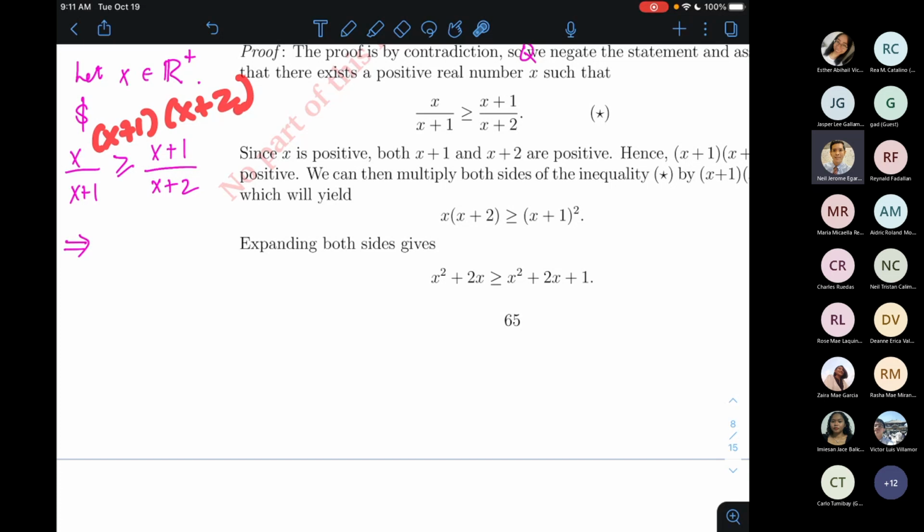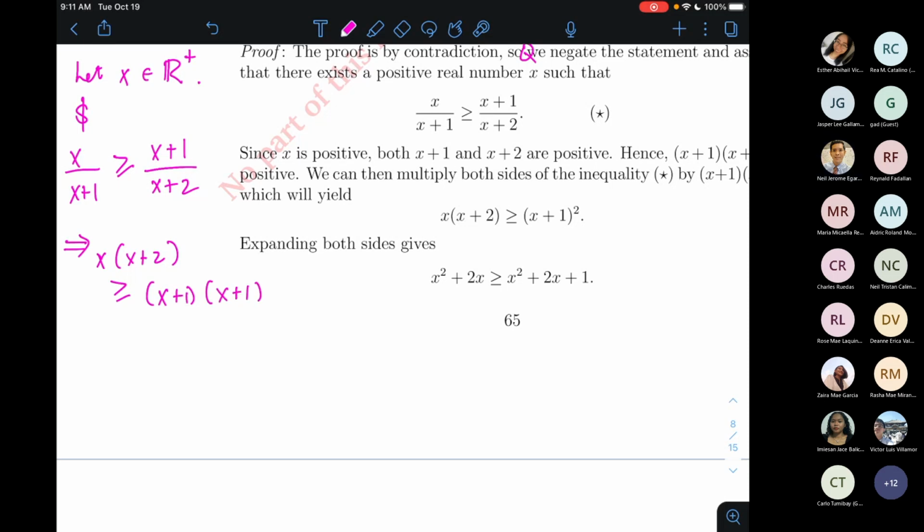So if I do that on the left-hand side, x plus 1 will be canceled, so we'll be left with x times x plus 2 greater than or equal to, so sa right-hand side naman, ang matitira ay si x plus 1 times x plus 1. Okay? And then I can simplify things, and that is still a valid step, right? So I'm going to get x squared plus 2x greater than or equal to x squared plus 2x plus 1.